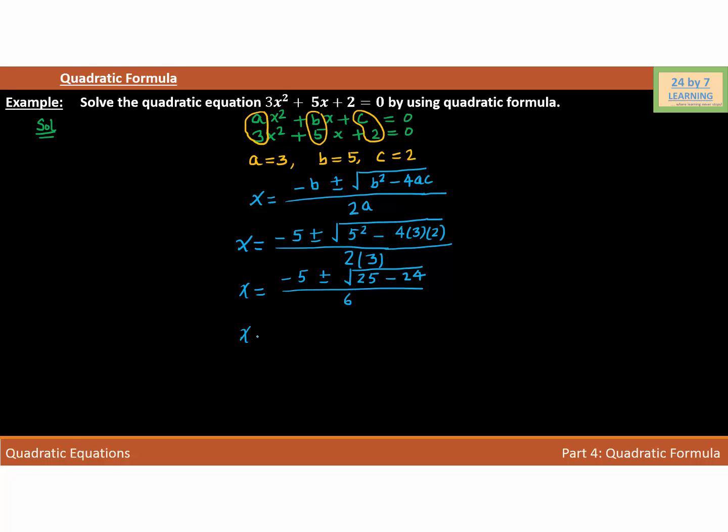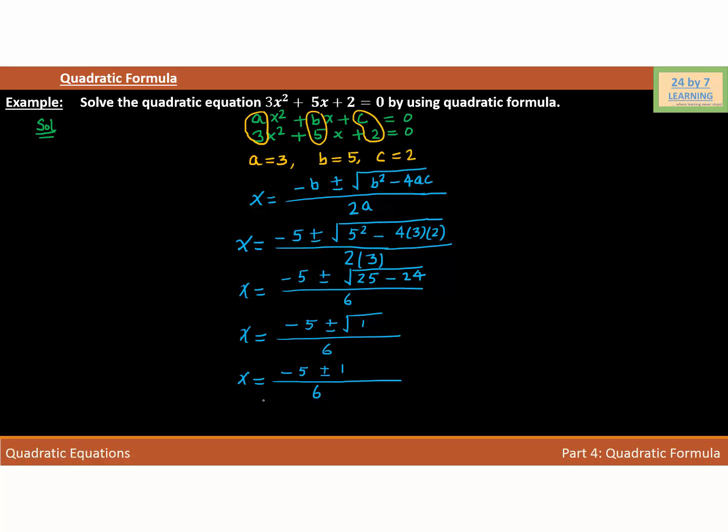Let's further simplify: x is equal to negative 5 plus minus square root of 25 minus 24 is 1, over 6. If I find the square root of 1, I will get 1, so I will write x is equal to negative 5 plus minus 1 over 6.